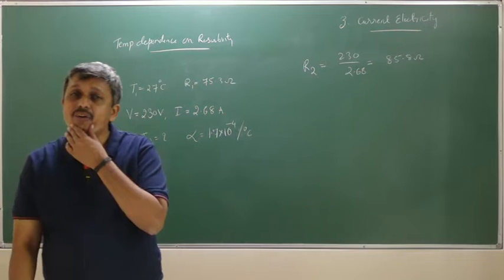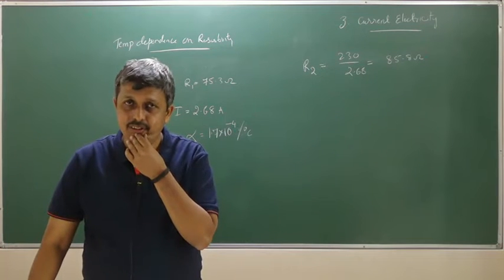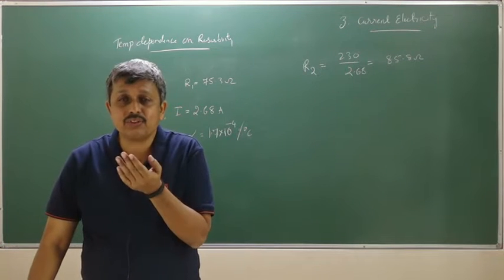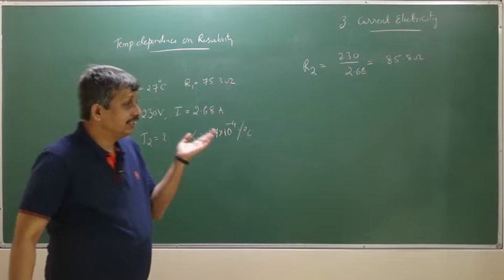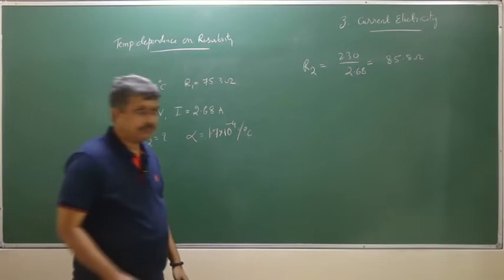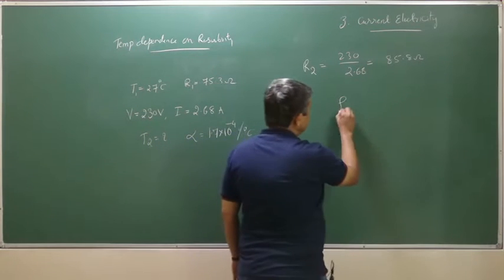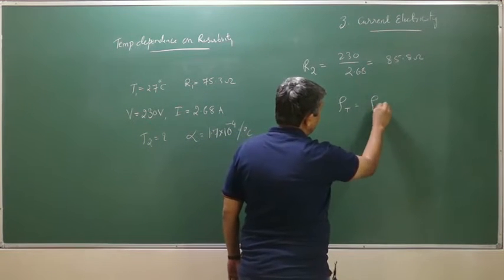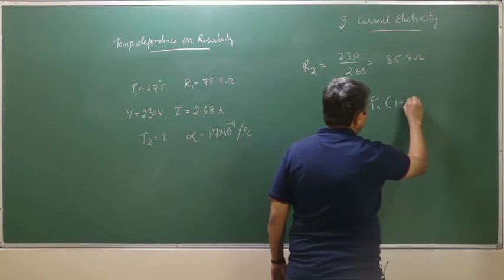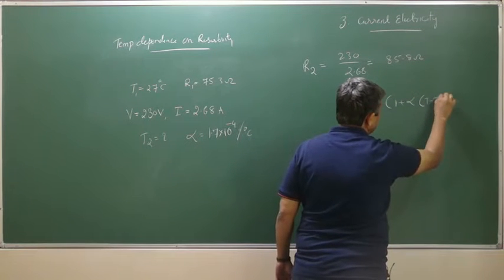Now we want to find out how much the temperature is, so that its resistance has actually risen. We know this formula, rho T is equal to rho naught into 1 plus alpha into T minus T naught.